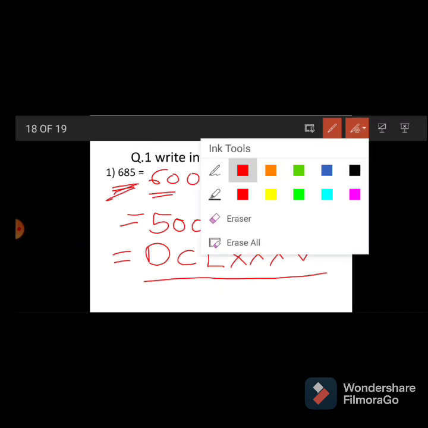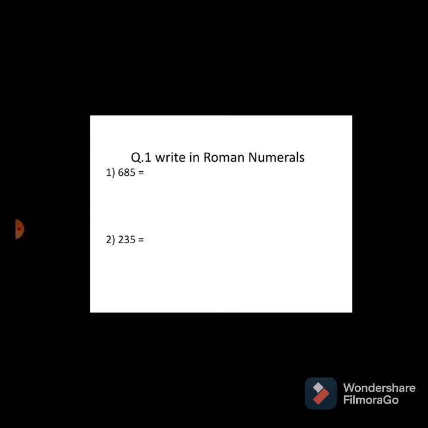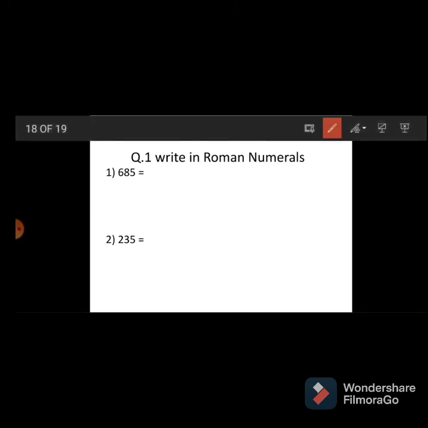Okay, and then see the second example, 235. Again the same method: split or write it in expanded form. 200 plus 30 plus 5, but according to Roman numerals we have to expand it again, meaning 100 plus 100 plus 30 plus 5.